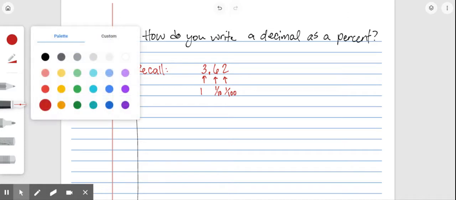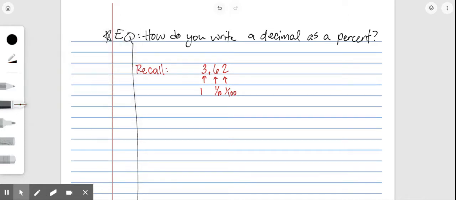So let's start with an example. If I have the number 0.52, this number is read out loud as 52 100ths, which means 52 out of 100.